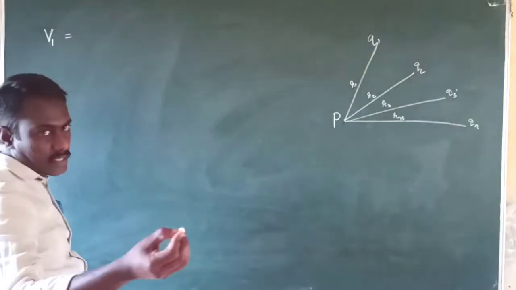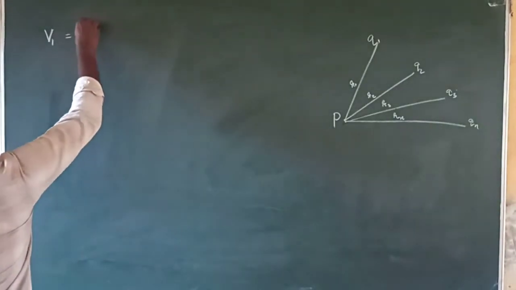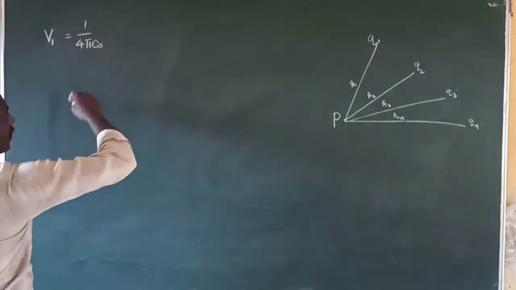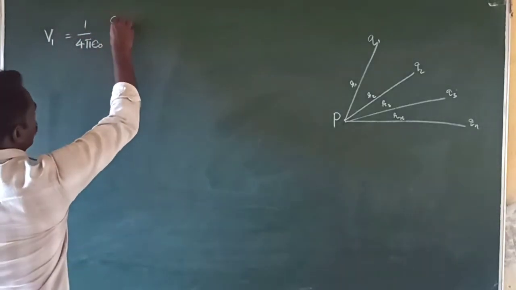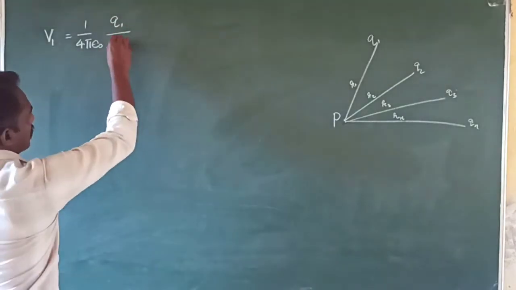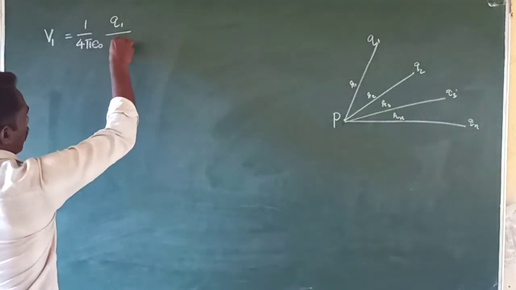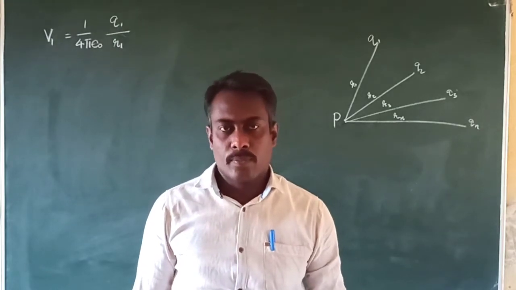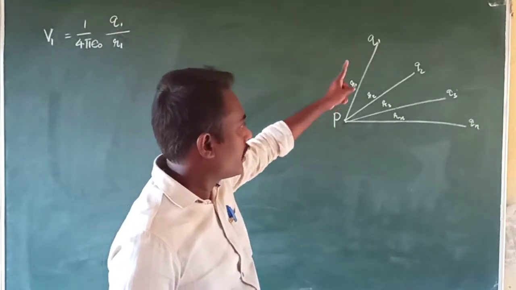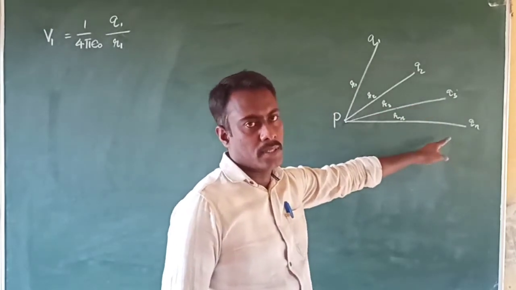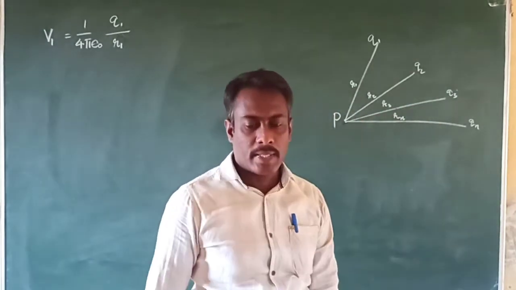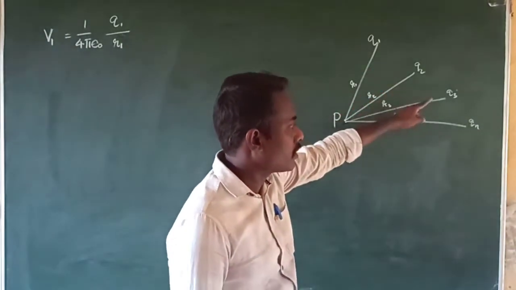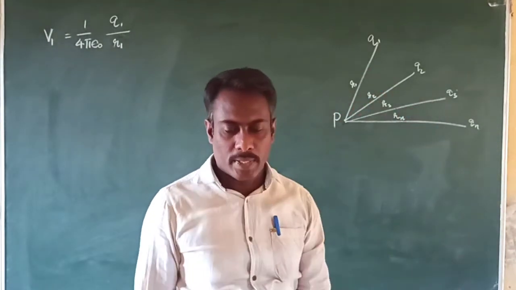As per the equation, we know that it is 1/(4πε₀) times the charge Q1 divided by the distance R1. Similarly, we need to find the potential of various other charges at the point P, Q2, Q3, etc. up to Qn.